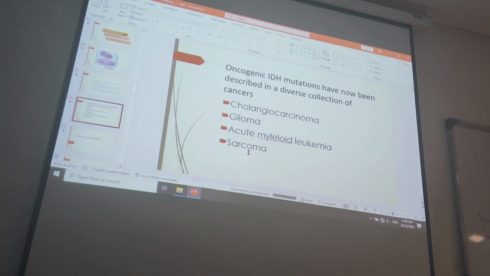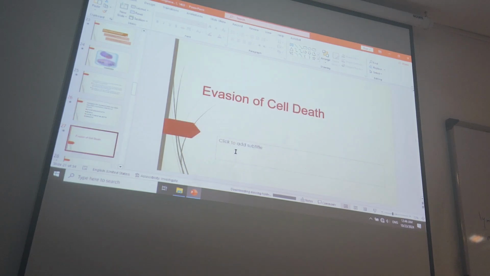And sarcoma, some types of sarcoma have IDH mutations. As we said before, sarcoma is malignancy of mesenchymal tissue. Okay, now we want to start the other features and the other hallmark of malignant cells, that is evasion of cell death.